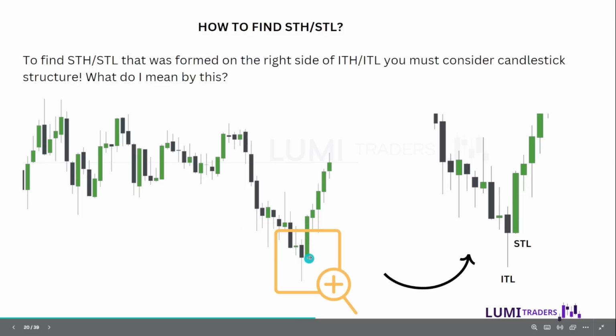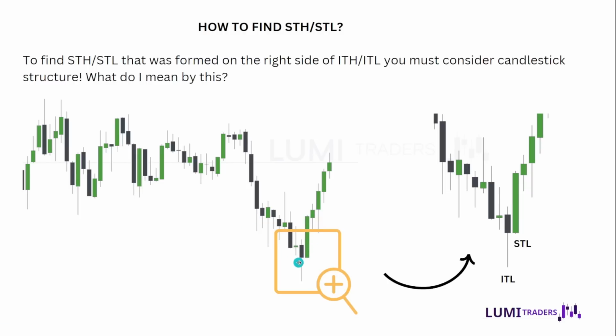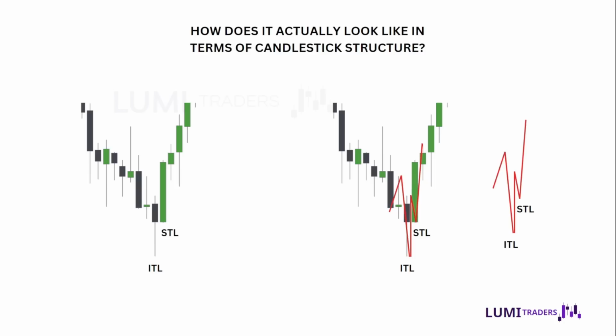Looking at this piece of chart, I actually zoom in for you guys. Intermediate-term low right here, and I call this short-term low. Yeah, it's kind of not obvious right now, but we must think in terms of candlestick structure. This move right here looks like this.